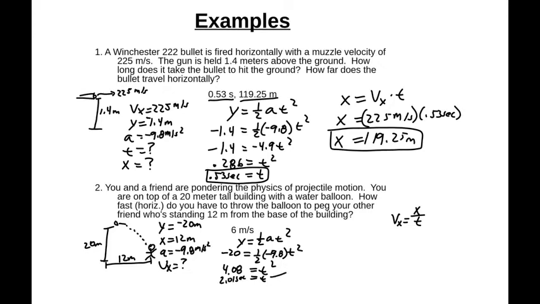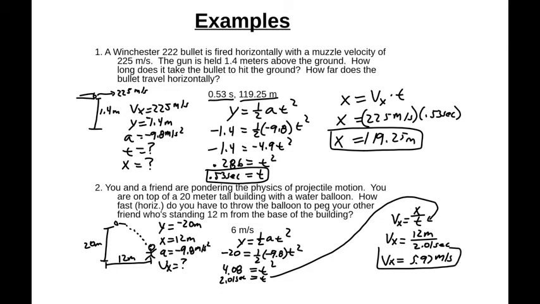So now I'm going to take that answer, put it right over here. So we know it's 12 meters divided by 2.01, and so I need to throw the water balloon with 5.97 meters per second, so almost 6 meters per second.